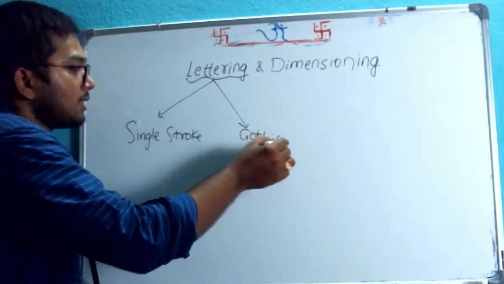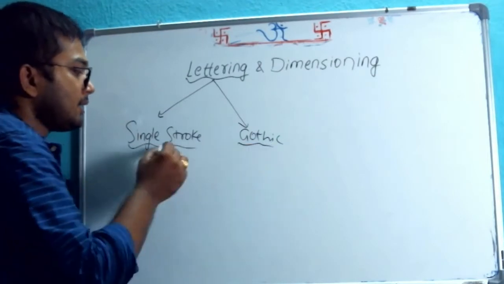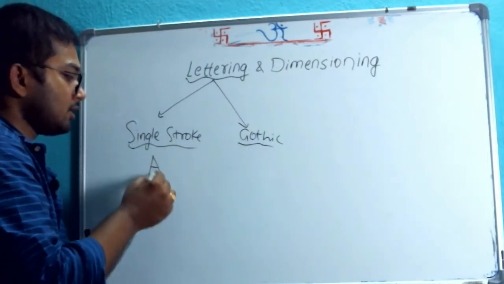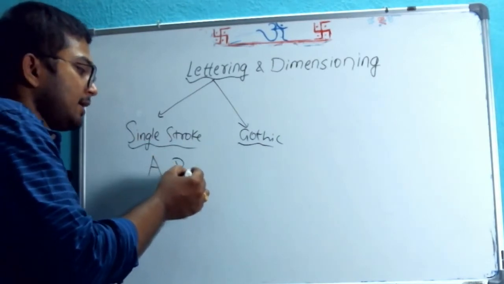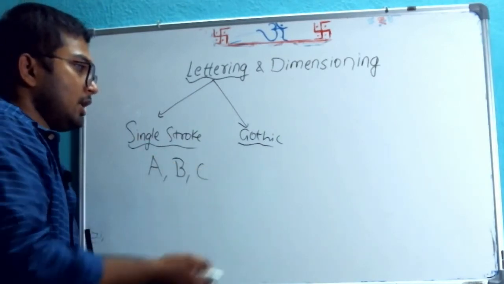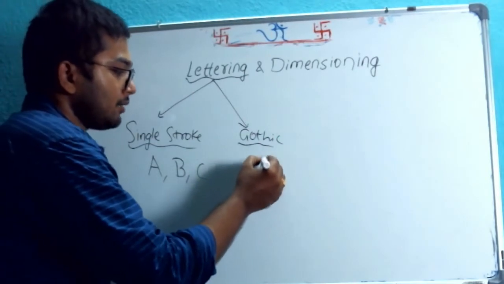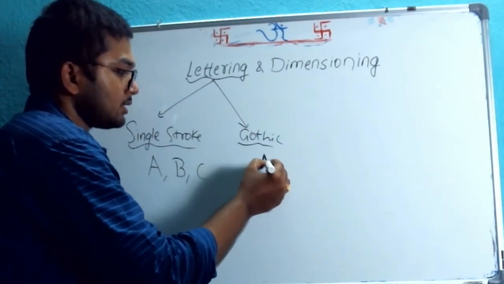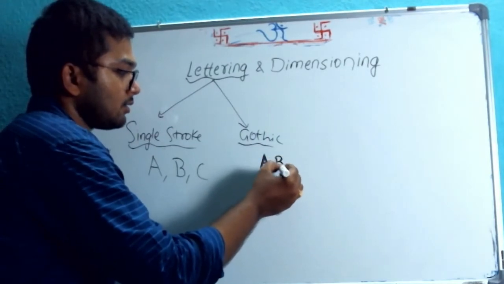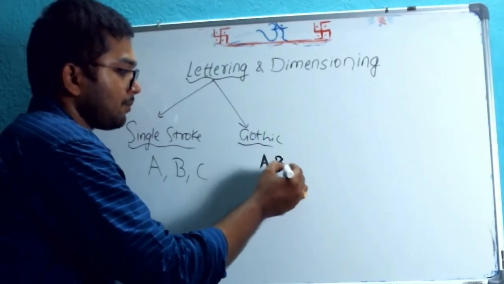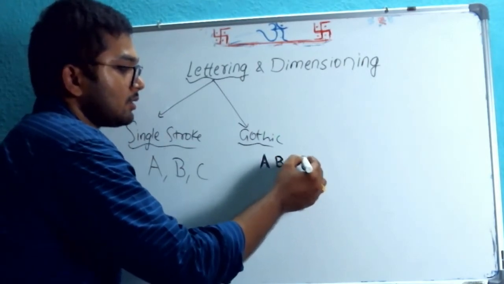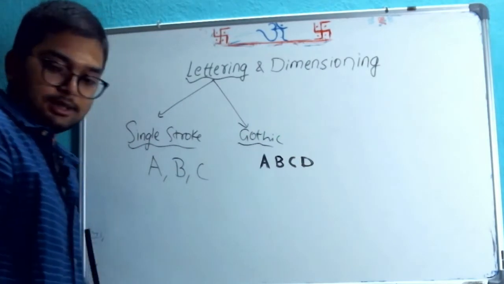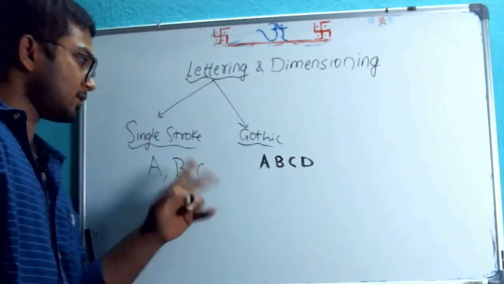The only difference between them is that in single stroke, letters are formed using thin lines, like A, D, C, etc. In Gothic, we use thick lines to represent these letters like this. These are thick, this is thin. That is the difference.